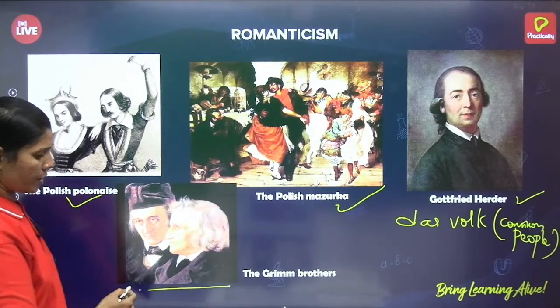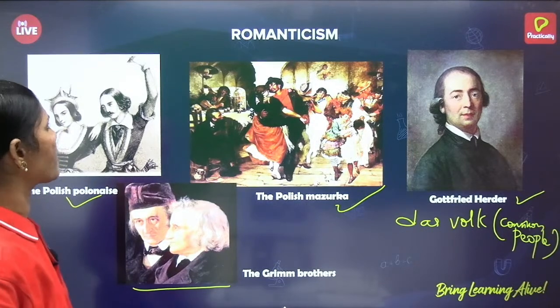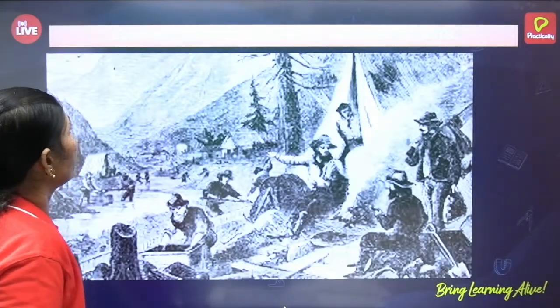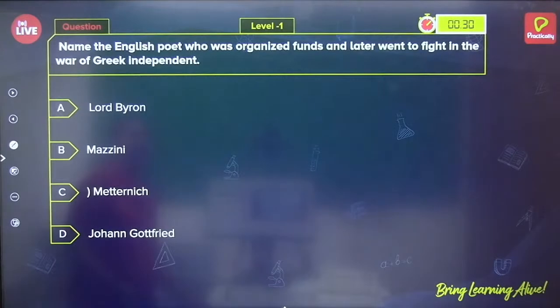These are the Grimm brothers. They are very famous in print. You can see the hunger and hardship during the 1830s in Silesia.